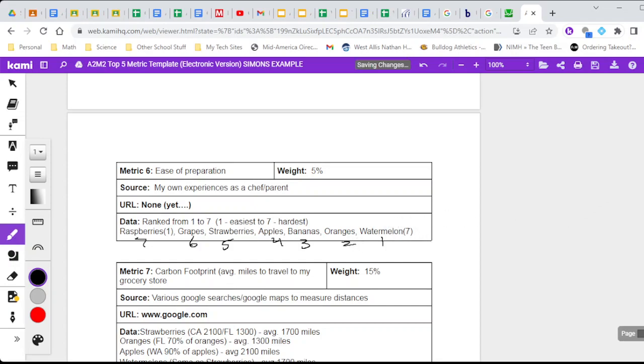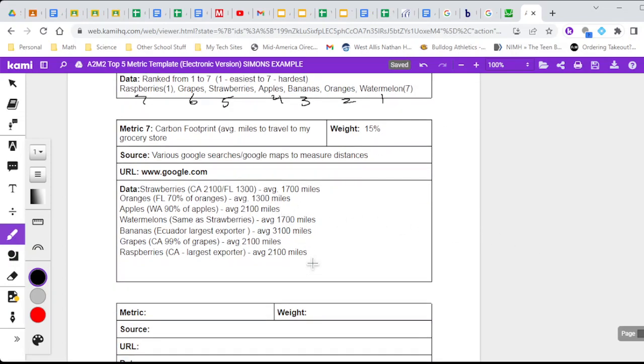And then the carbon footprint is how far are these things flying. And so the less it flies, the better, because that means less fossil fuels are being used and less pollution and everything, right? So oranges get the nod on this one, and they get a 7. And then the next ones, we're going to have two ties for sixth place, right?